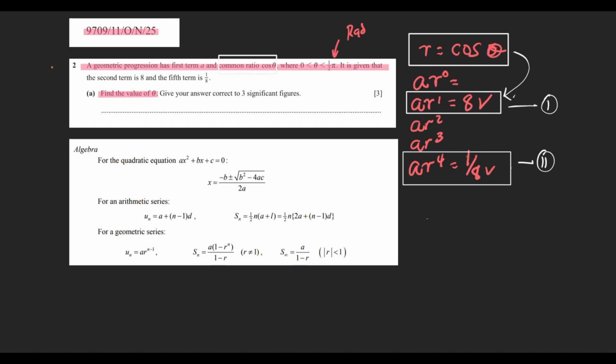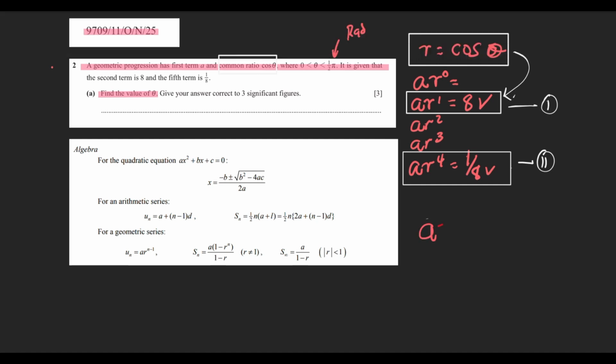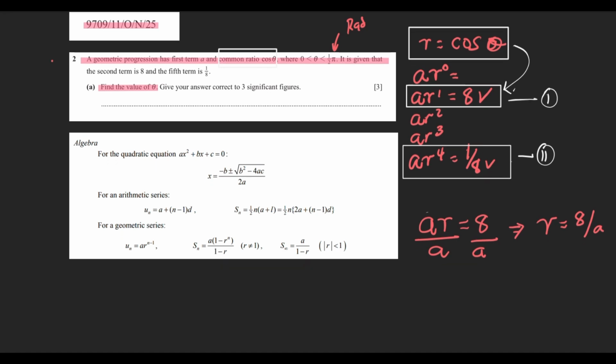From equation 1, I can make R the subject of the formula. I have AR is equal to 8. I make R the subject by dividing both sides by A, so R is equal to 8 all over A. I'm doing that because I know that R is equal to cosine theta.